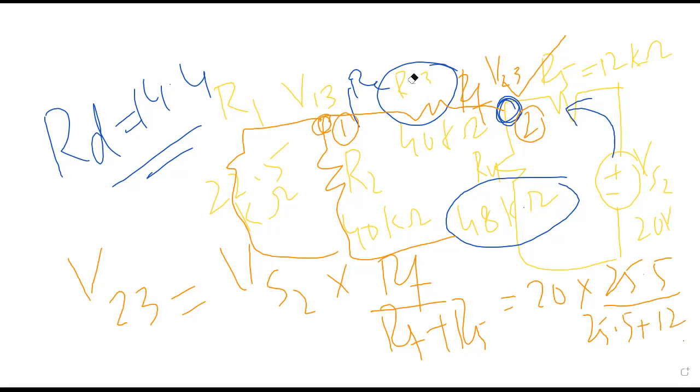So I have to calculate on the calculator. V23 I calculated is 13.6. So V23 is 13.6.